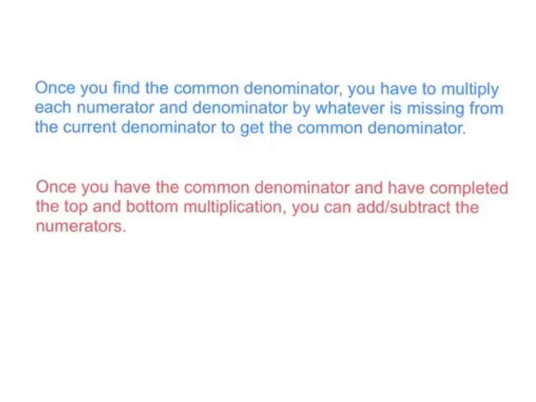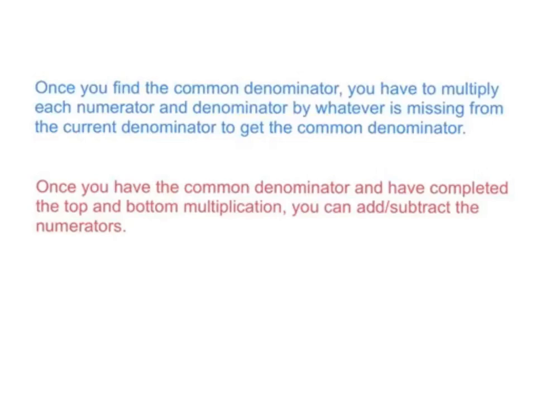Copy that denominator once you've found it, and then you add and subtract the tops. And we'll go through several examples here and get some practice at it. These notes kind of give you a recipe to follow. So as you start working, if you're unsure what to do from step to step, you can just follow these notes and go down the list, and it'll help guide you as far as what to do.